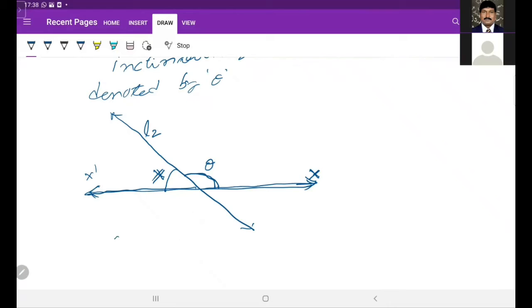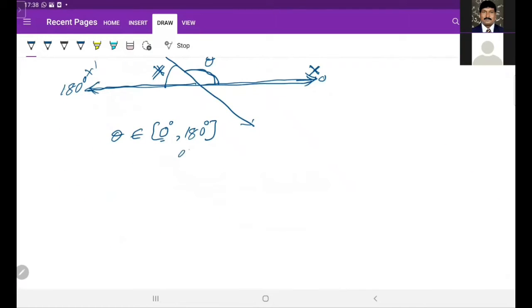The theta value belongs to 0 degrees to 180 degrees. Maximum value 180, minimum value 0 degrees. This can be written in this way also: 0 to pi.